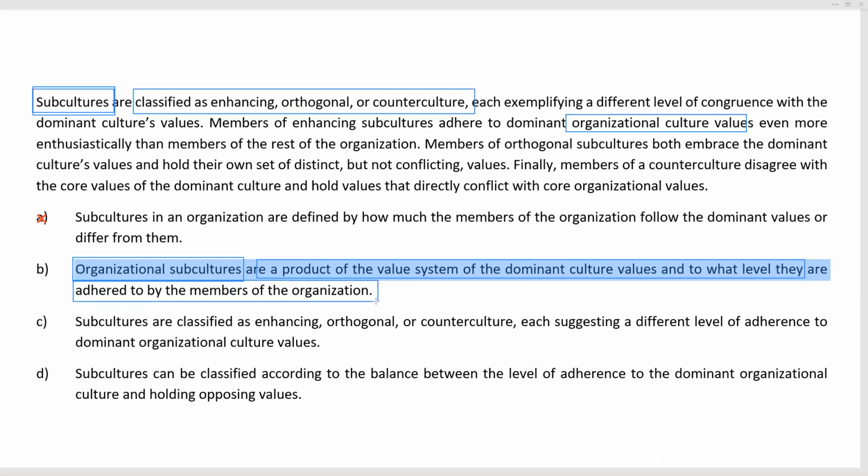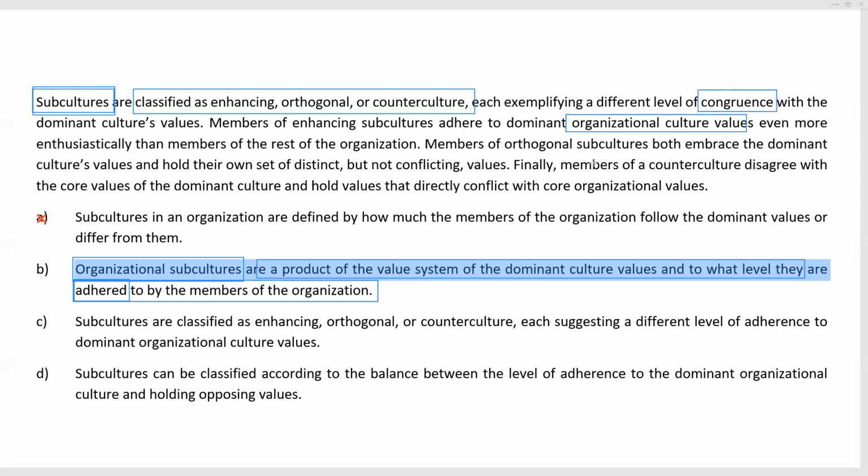As we've seen, this depends on the word congruence. If we just say how much these subcultures adhere to the dominant cultural values, that is incorrect, because not all of these classifications adhere.